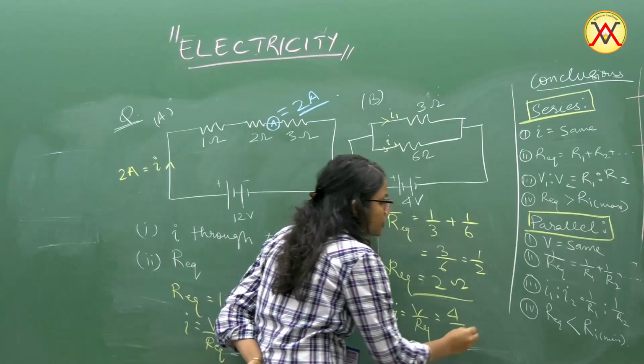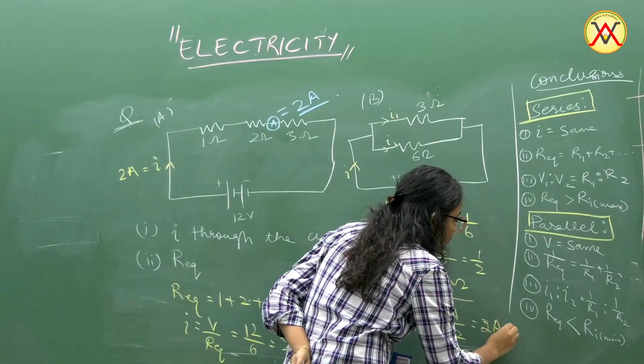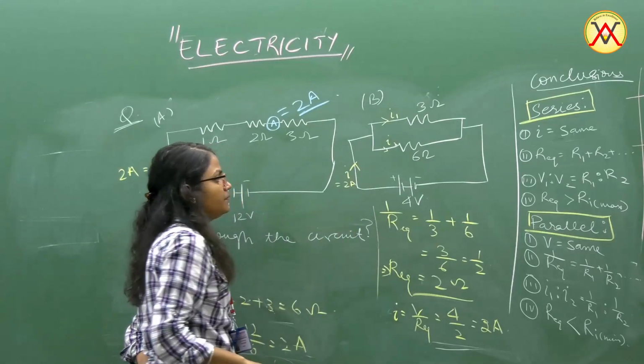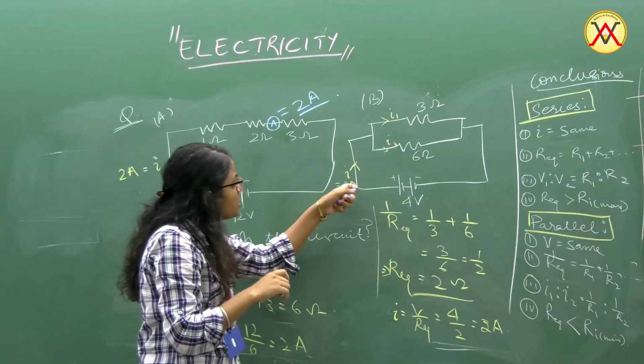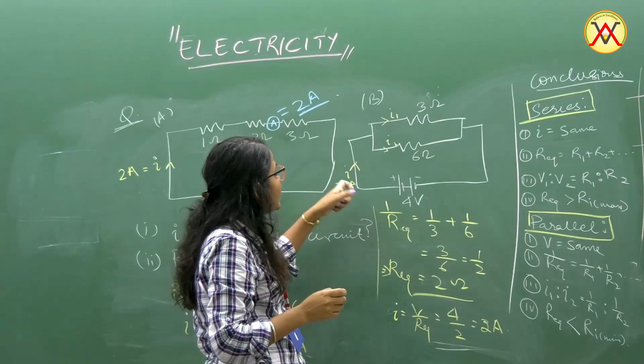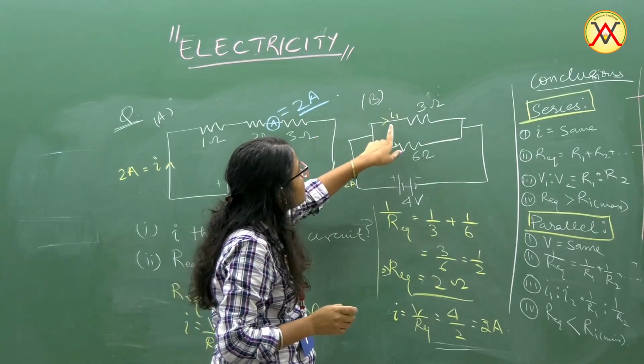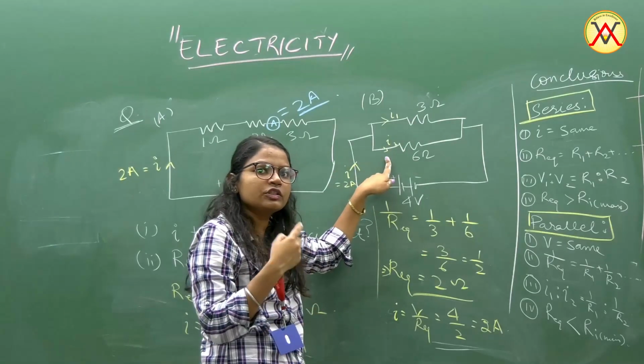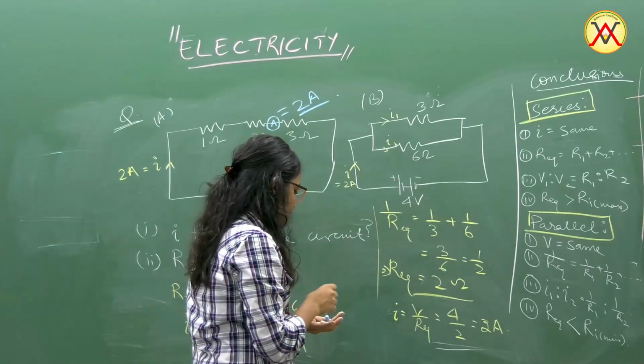It is 4 upon 2 equals 2 ampere. This is our total current. Now, since our total current is 2 ampere, let's see how much current is flowing through the 3 ohm resistor and how much through the 6 ohm resistor.